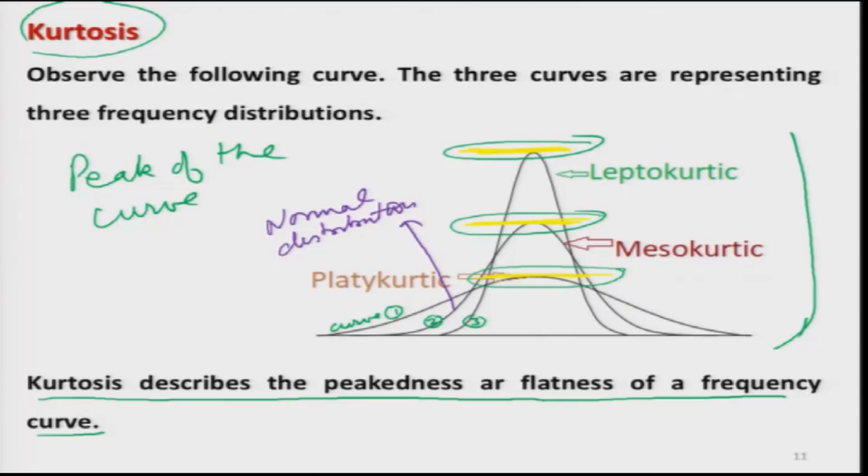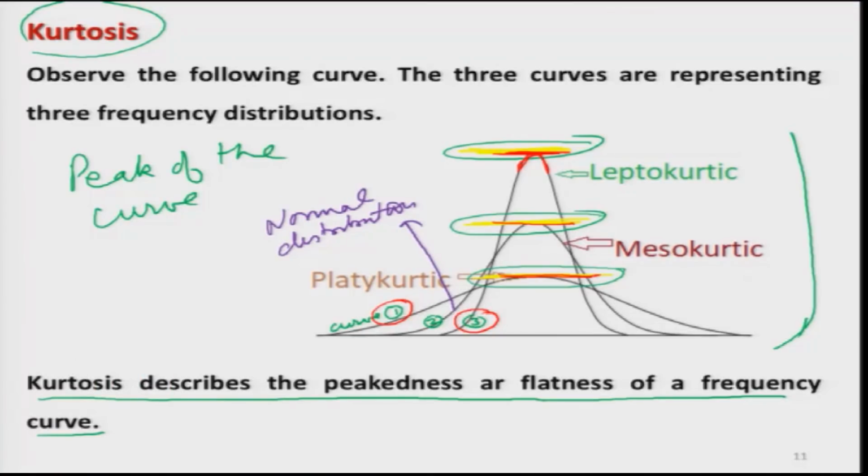You can see first curve number 3: it has got more peak than curve number 2, and similarly if you look at curve number 1, then curve number 1 has got a smaller peak than curve number 2.